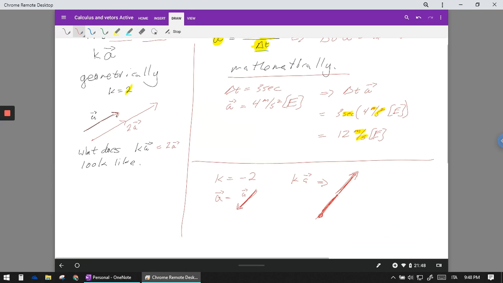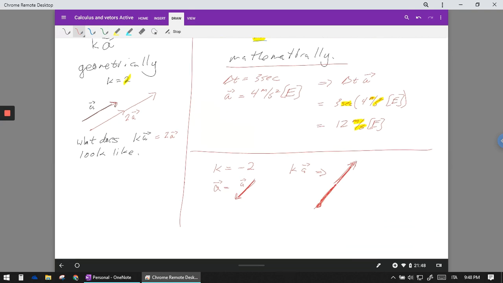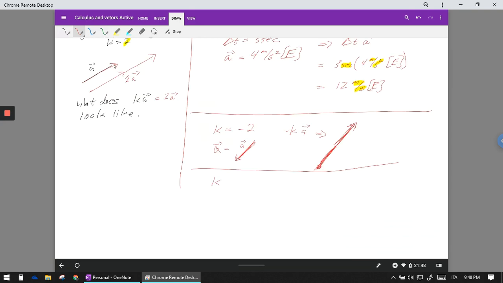Okay. So if the scalar happens to be negative, not only will it increase its magnitude, but it'll change it around. If the scalar happens to be a fraction, for example, then it'll cut it in half or cut it into a third or whatever the fraction happens to be.